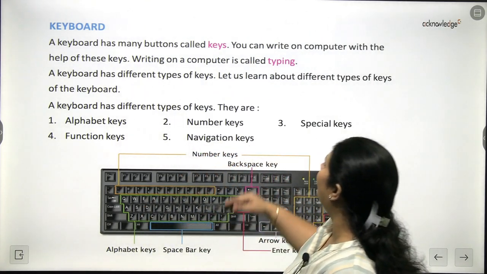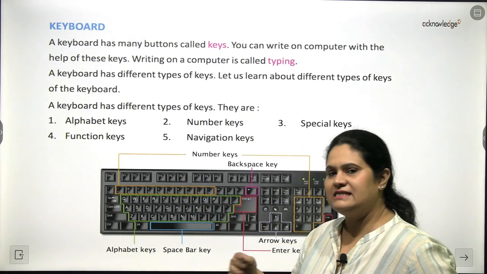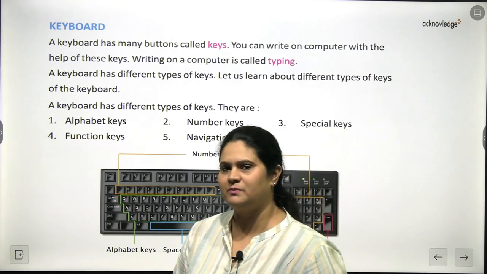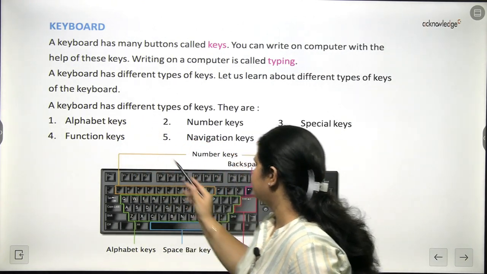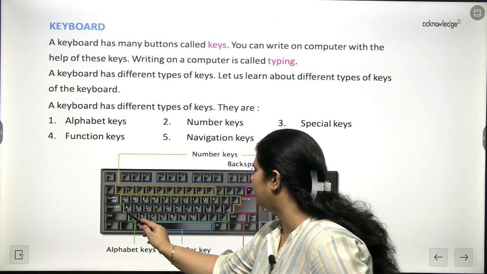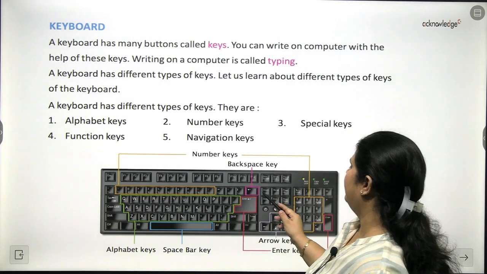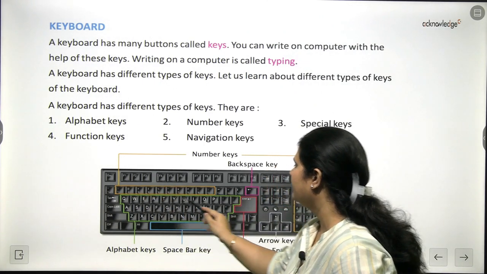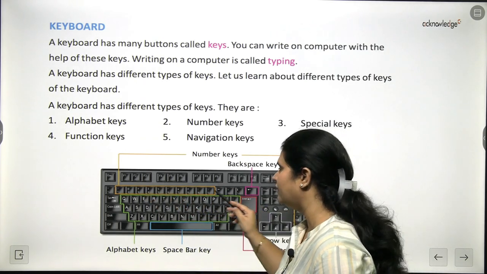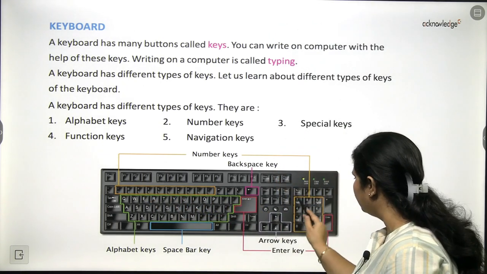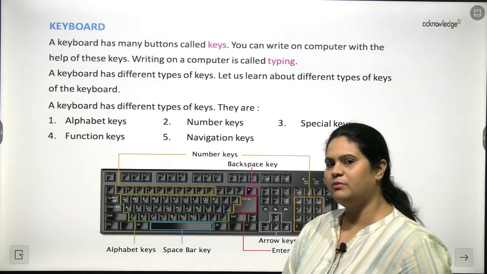Very good. So, these different types of keys are for different purposes. Now, let's see. They are alphabet keys. These are present over here in these 3 rows, right? And then we have some number keys. They are present on the top of the keyboard and also on the right corner of your keyboards, right?